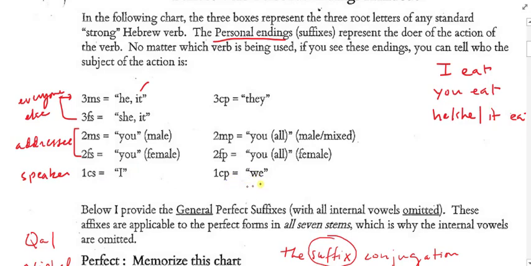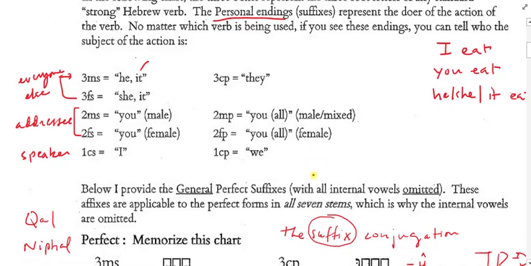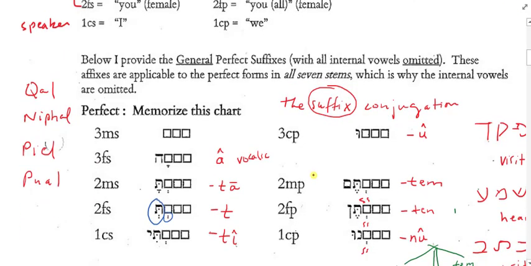And if we did something and we're men or women, we use the same form. Okay, there's no distinction there. Now, let's take a look here at this little chart with the boxes that represent, theoretically, any three root letters of any Hebrew verb, okay? What I'm giving you here is just a layout of the personal endings for the perfect conjugation.